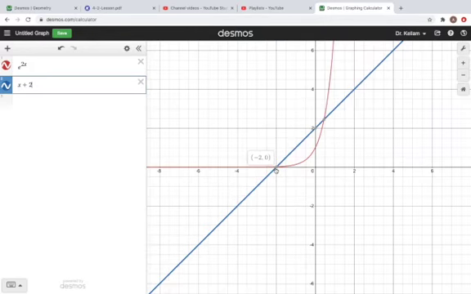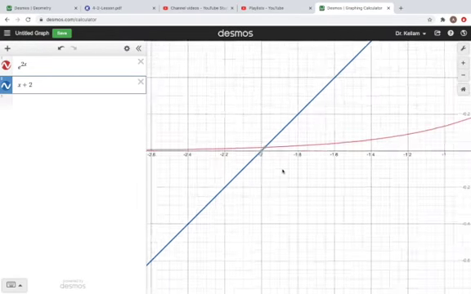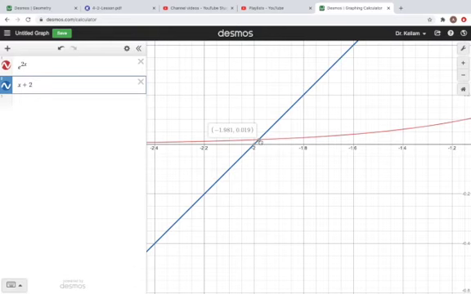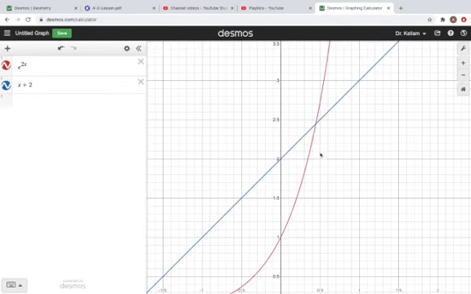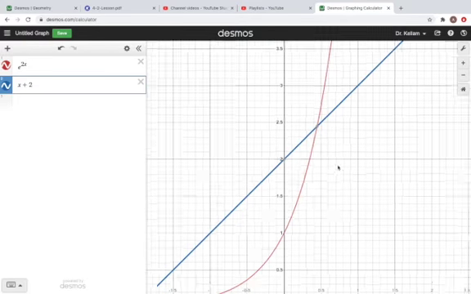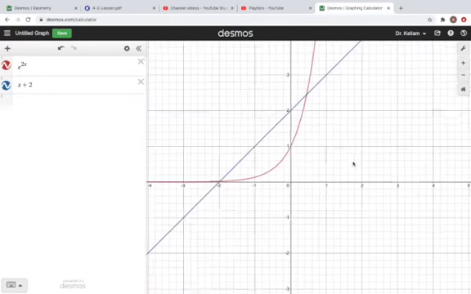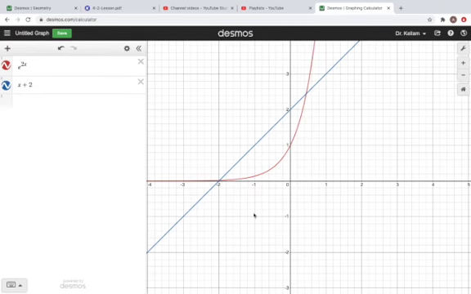Because we definitely intersect down here at x is negative 1.981, and then the other place that we intersect is up here, which is at 0.448. So that would be one of our ways to figure out what this equals.